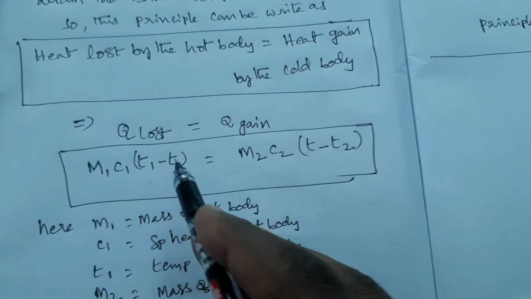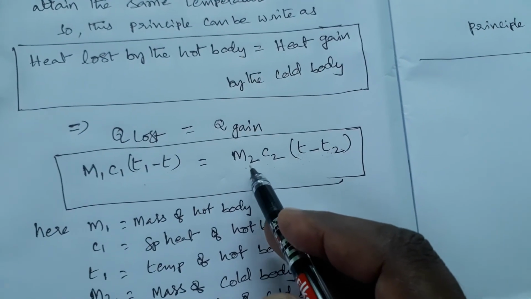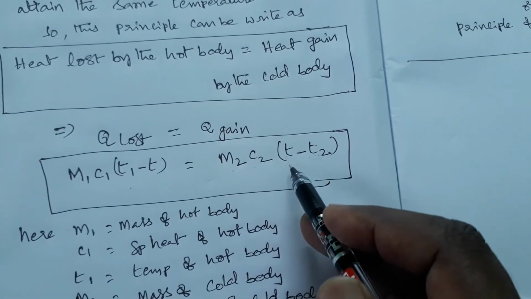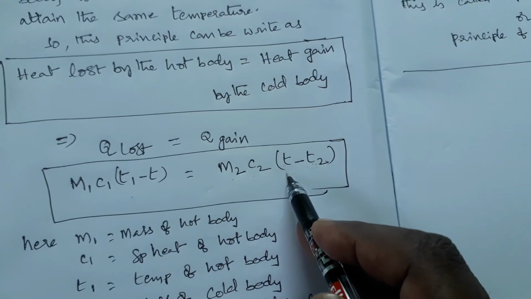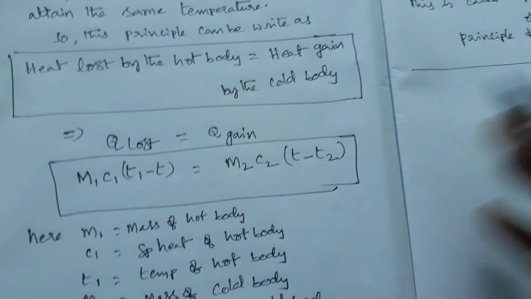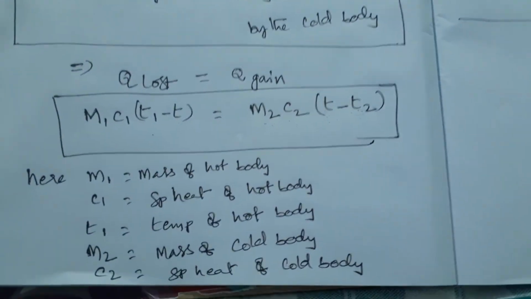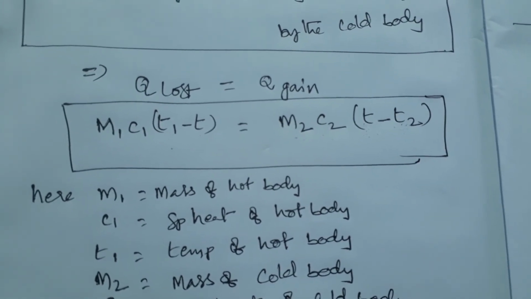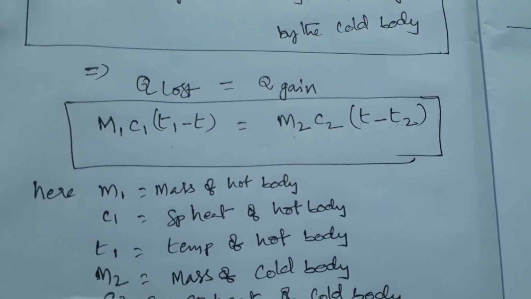Now again, m2 is mass of the cold body, c2 is specific heat of the cold body, and the change of the temperature is T minus T2, where T2 is the beginning temperature of the cold body. So Q lost equal to Q gained can be represented with this formula: m1c1(T1 minus T) equals m2c2(T minus T2).